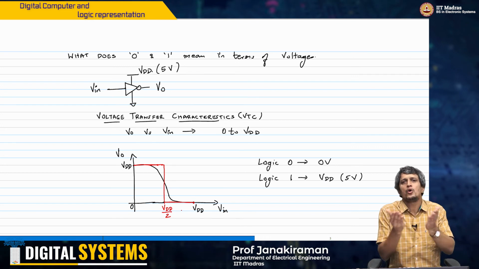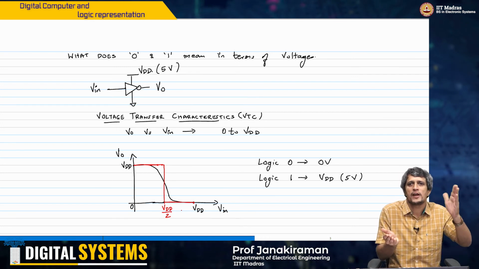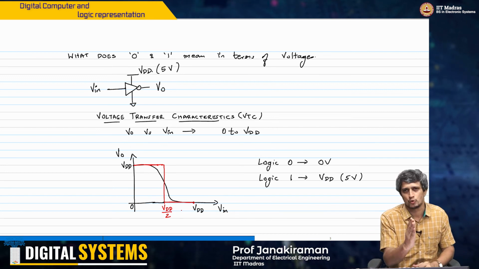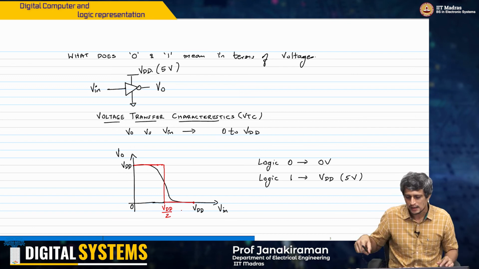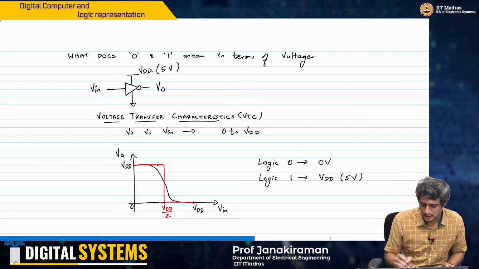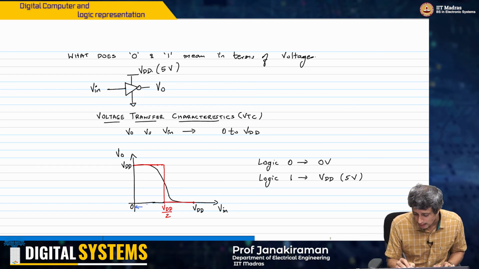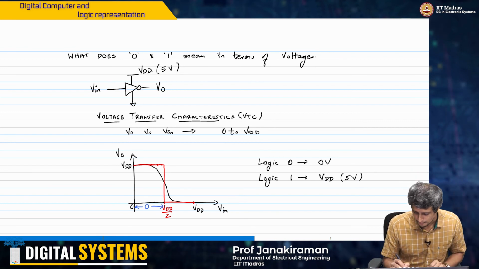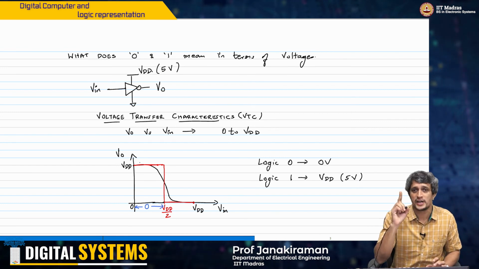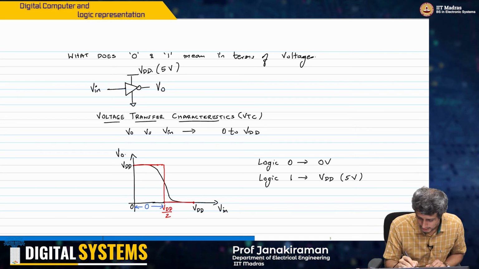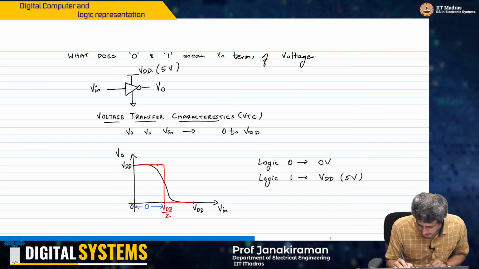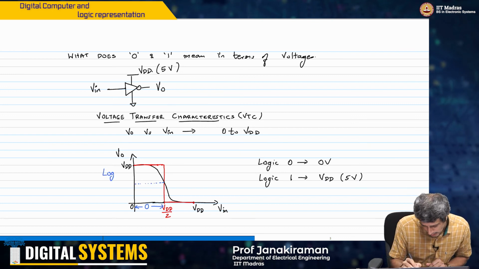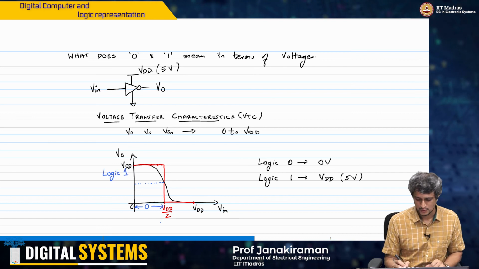But I have no reason to favor 0 or 1. Therefore, I will just pick the middle voltage VDD by 2, and ideally if the input is here, the input must be treated as a logic 0. The output in that case should go to VDD, should go to logic 1.